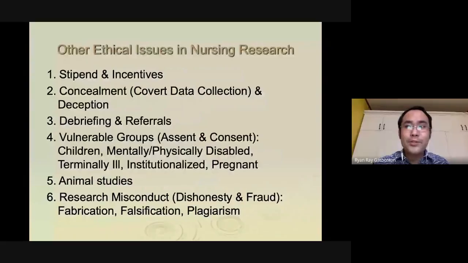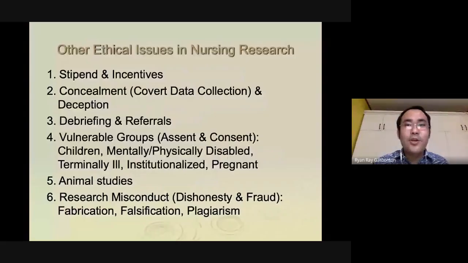Now, there are other ethical issues in nursing research. The issue of stipend and incentives. Well, giving less stipend or giving no incentives is unethical, because the person is spending their time, their resources with you when they participate in the research.